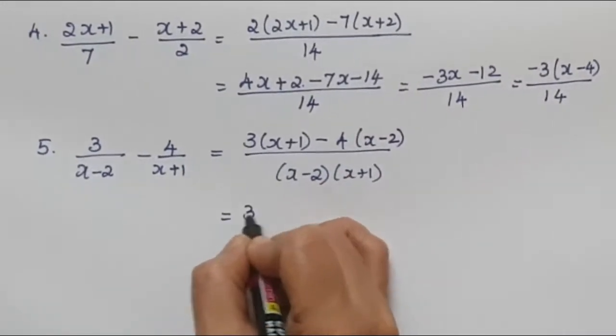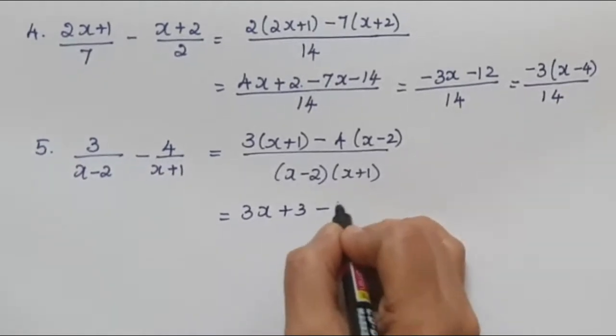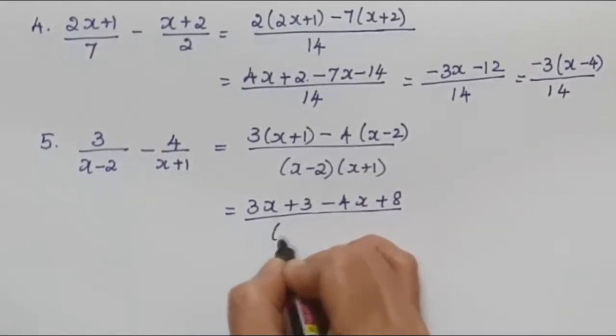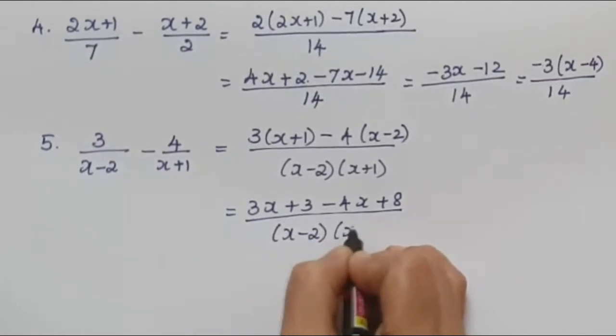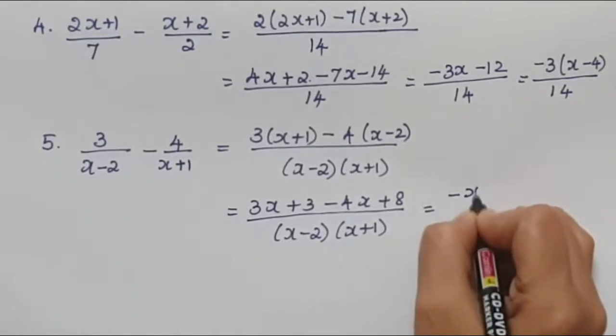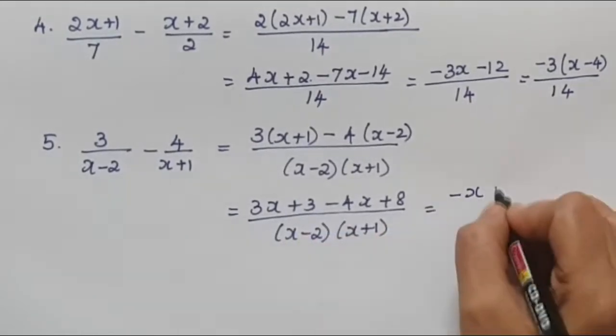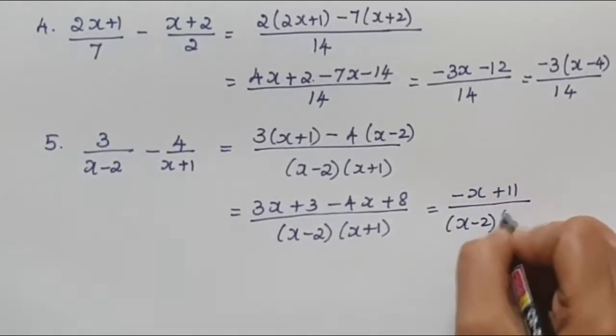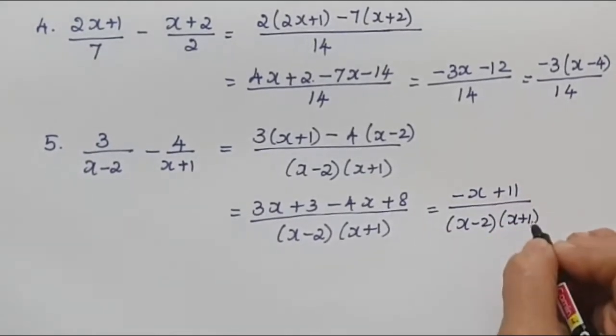So when we multiply, it is 3x plus 3 minus 4x plus 8 divided by x minus 2 into x plus 1. So 3x minus 4x is minus x. Then 3 plus 8 is plus 11 over x minus 2, x plus 1.